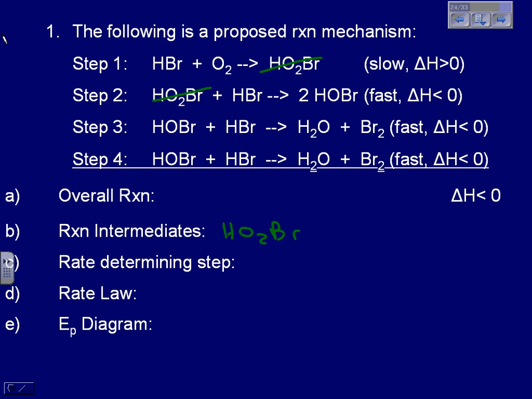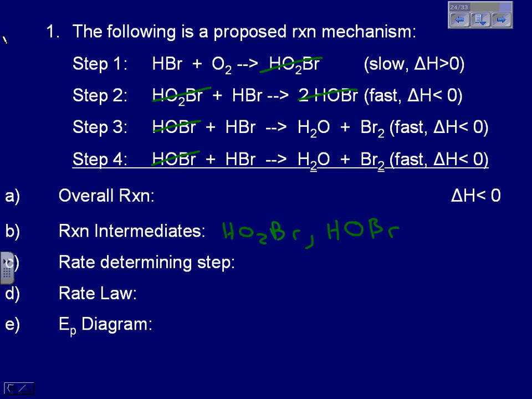Continuing on, you'll notice we've got an HOBr, two of them on the right, and you'll notice two of them get used up subsequently there in steps 3 and 4. And therefore, that also started as a product, ended as reactants, therefore it is also a reaction intermediate, HOBr.